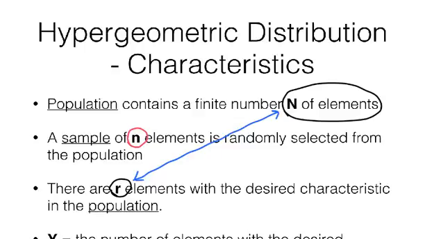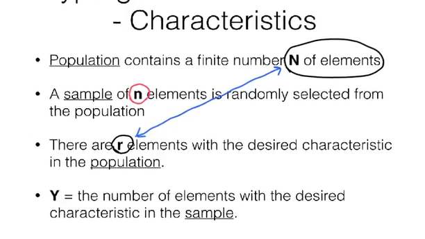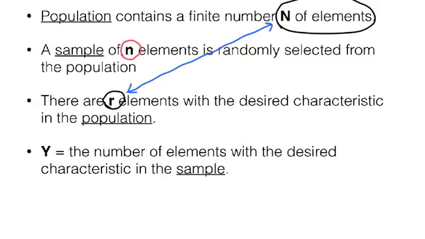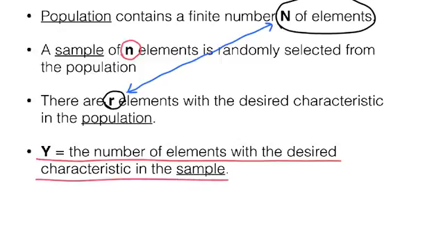You know the size of the population and you know how many elements are a success in that capital N. And then you select a sample of n elements, and from that you look for the number of elements with a desired characteristic in the sample. So as you can see, the small n and the y are related.